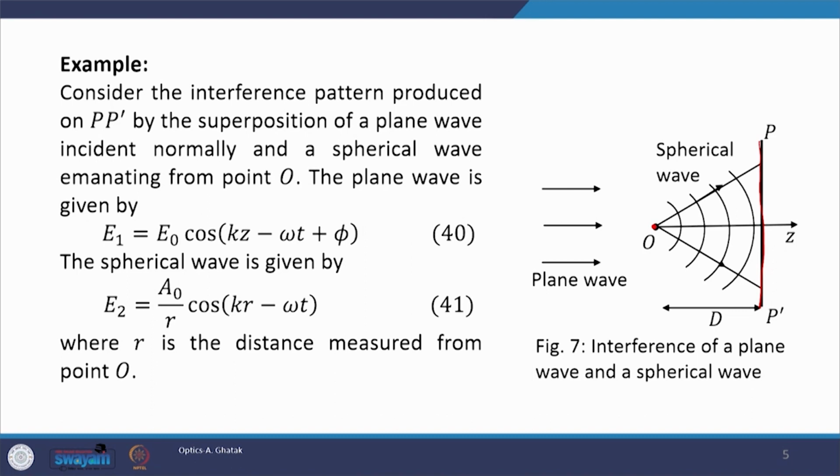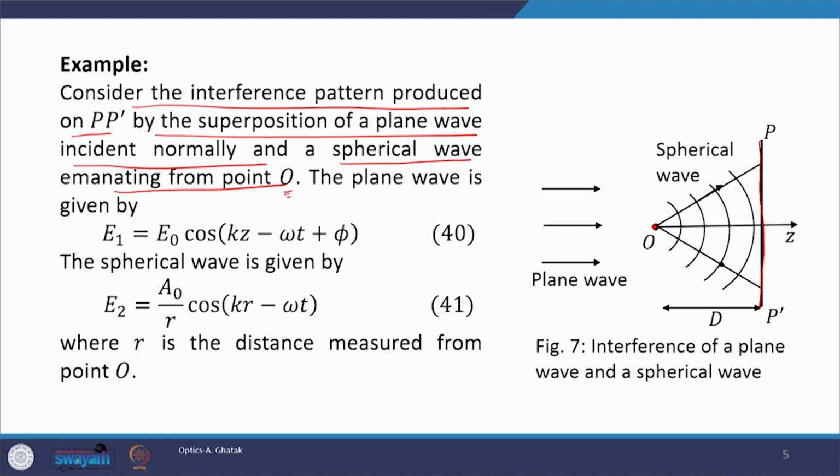As a solution, consider the interference pattern produced on P prime by the superposition of a plane wave incident normally and a spherical wave emanating from point source O. This is what is given. To find the intensity distribution of the resultant disturbance, we will first write the expression of electric field for the plane wave, then write the expression for the electric field for a spherical wave, and sum them up.